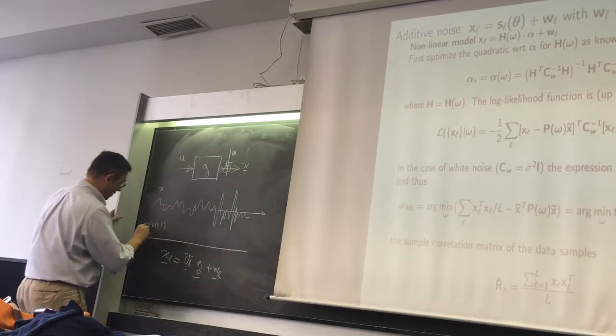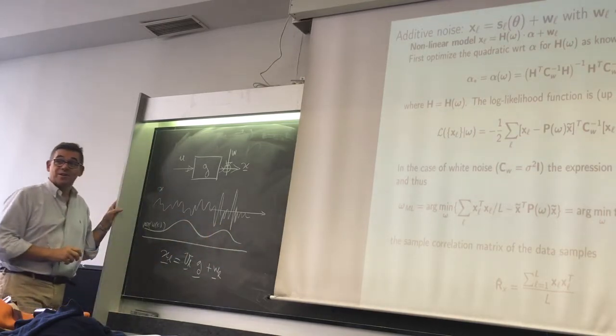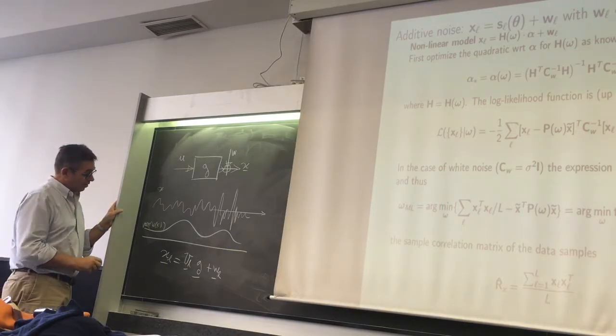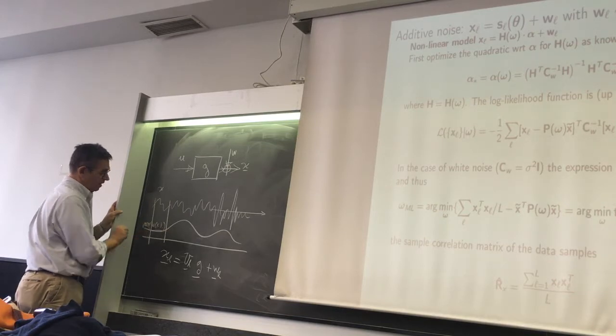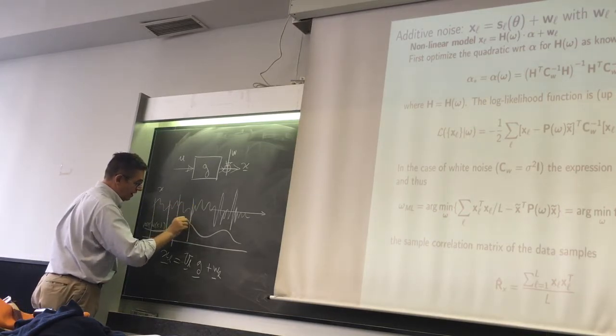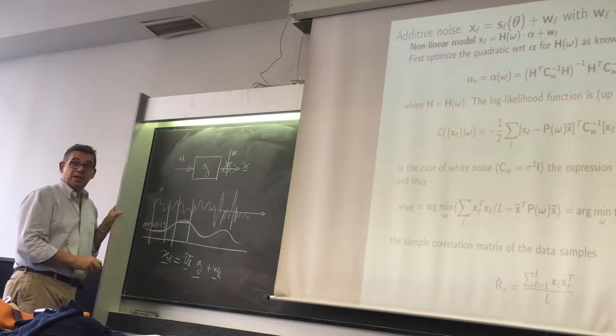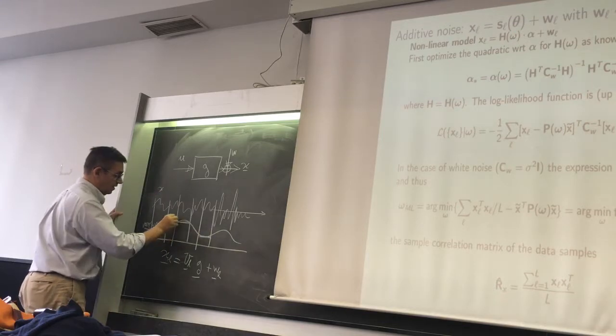And for instance, the variance of the noise is changing. Okay? If I take this interval, the variance is constant. If I take this interval, the variance is constant, but it's bigger. If I take this interval, the variance is that.